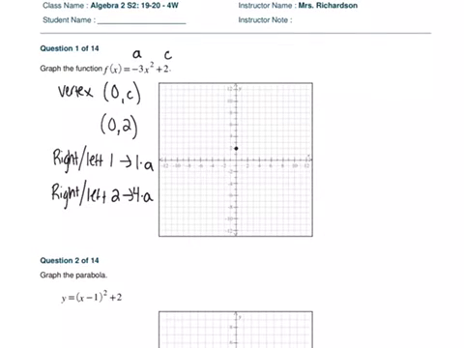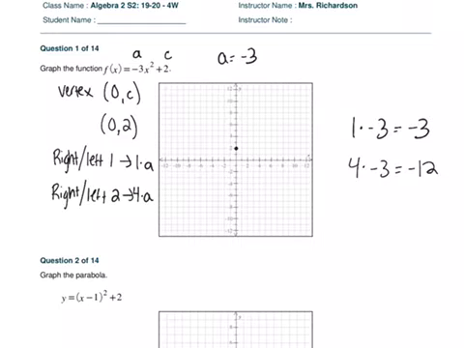Remember, the pattern is 1 and 4. So since our a is -3, we need to figure out how many spots we're going to move up or down. So 1 times -3 is -3, and 4 times -3 is -12.